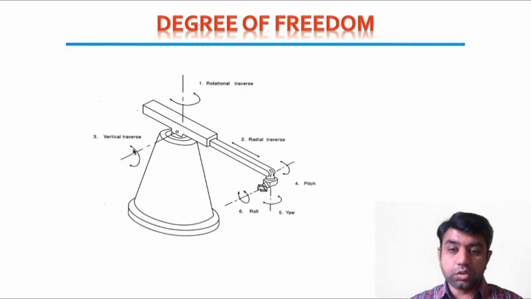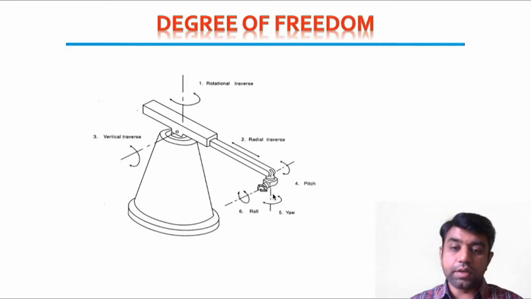If the manipulator moves up and down along the vertical axis, it is called vertical traverse. The third one is radial traverse, by which the reach can be extended, right? The manipulator can be moved in and out on the body, so this motion is called radial traverse, right? This is the wrist portion at which we attach the end effector.